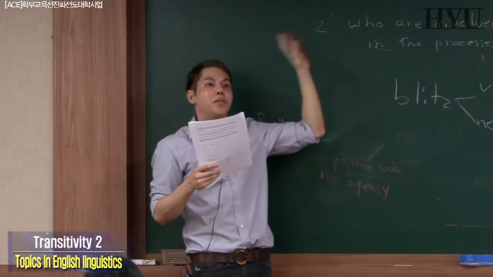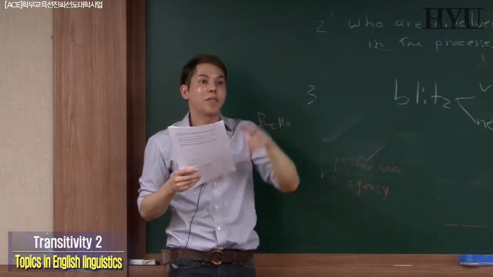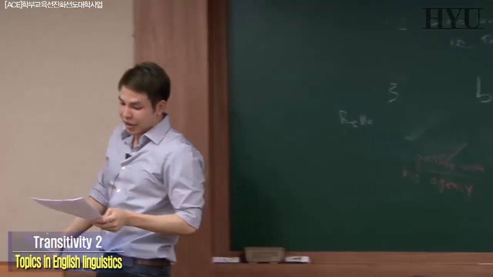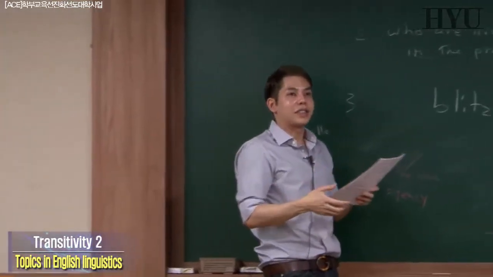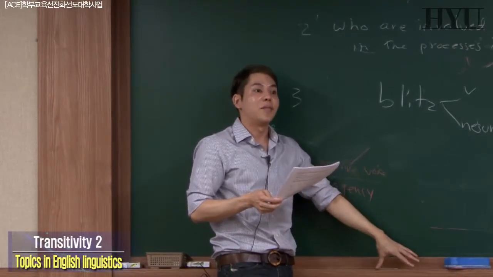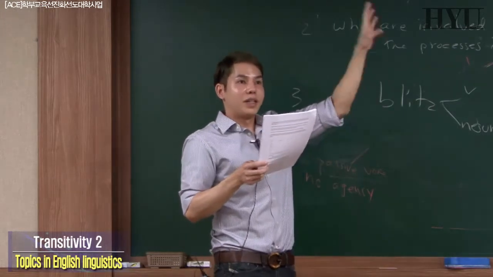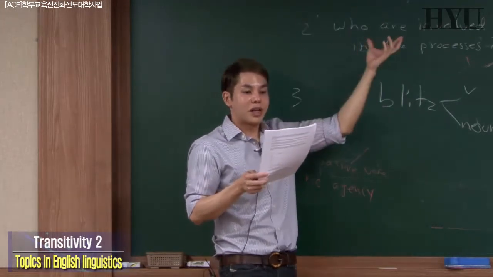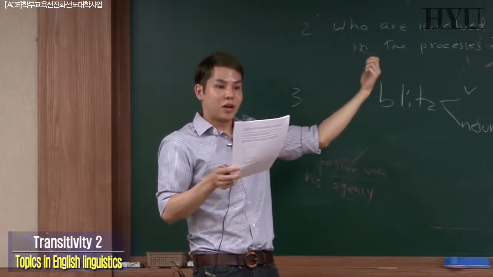So our boys, British soldiers, bomb Taliban party. Okay, so in the headline, what do you see in terms of verbal process? You see a material process. Our boys, the agent, blitz, bomb, which is the material process, and Taliban bash, which is the goal. So that's a material process.